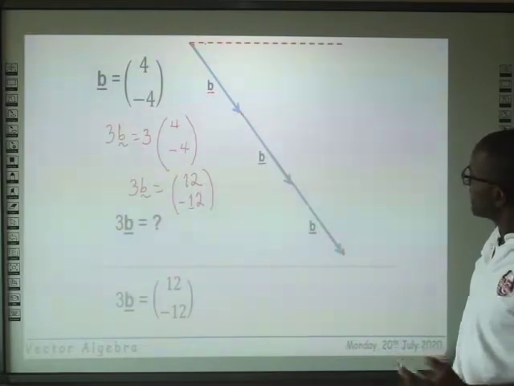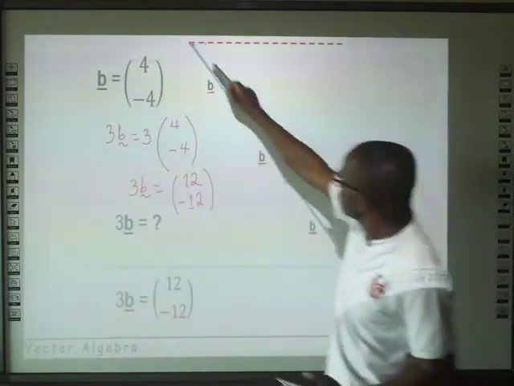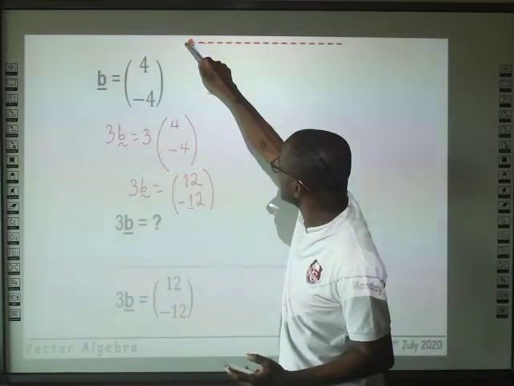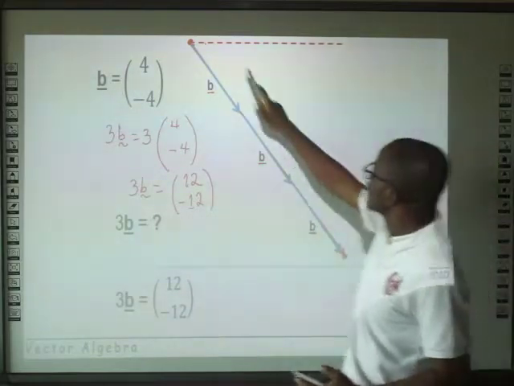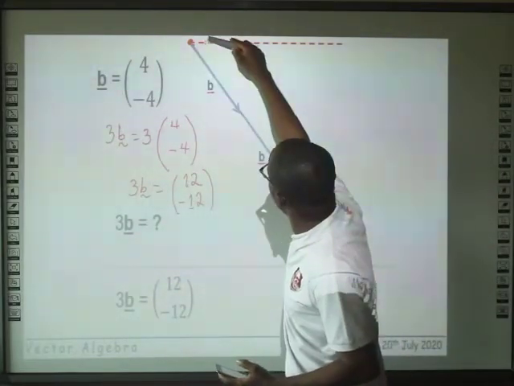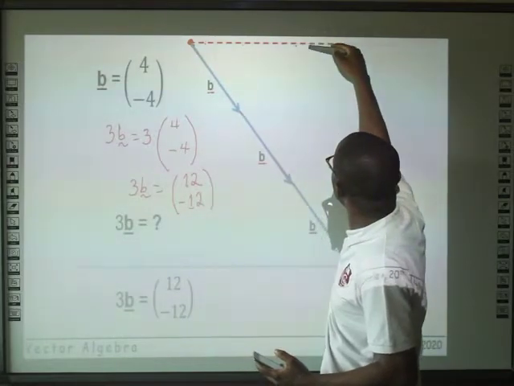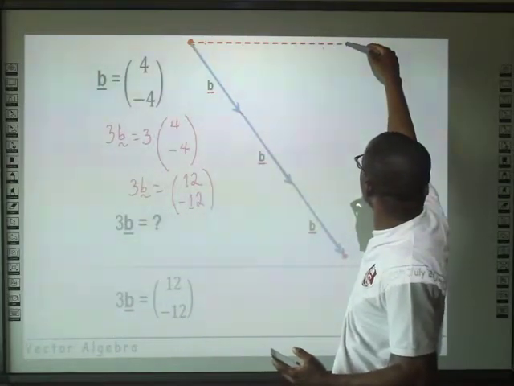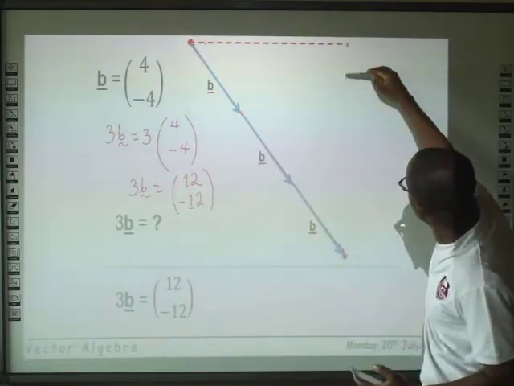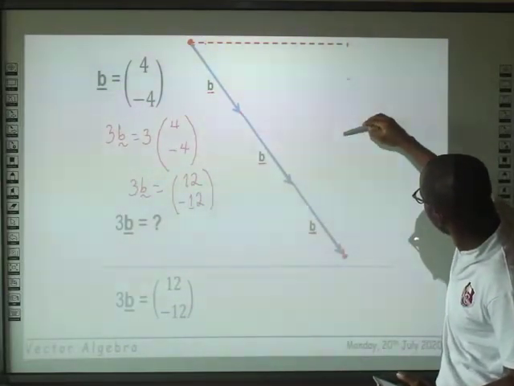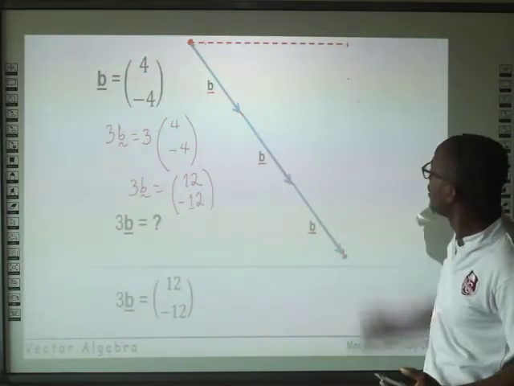What it means is, for that long red arrow to go from the starting point of the arrow to the end, you have to go 1, 2, 3, 4, 5, 6, 7, 8, 9, 10, 11, 12 along the x-axis, and then down 1, 2, 3, 4, 5, 6, 7, 8, 9, 10, 11, 12.